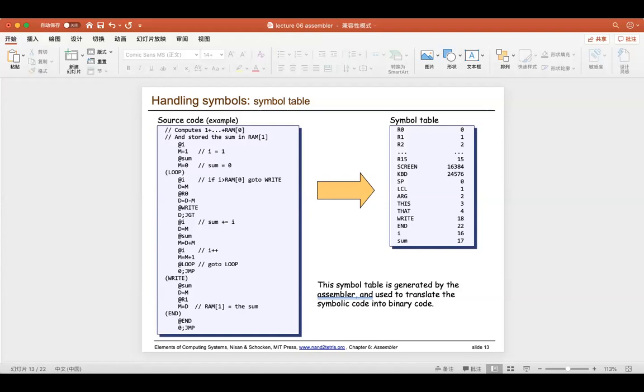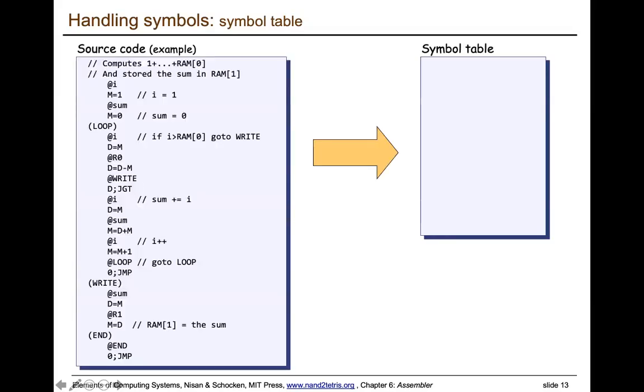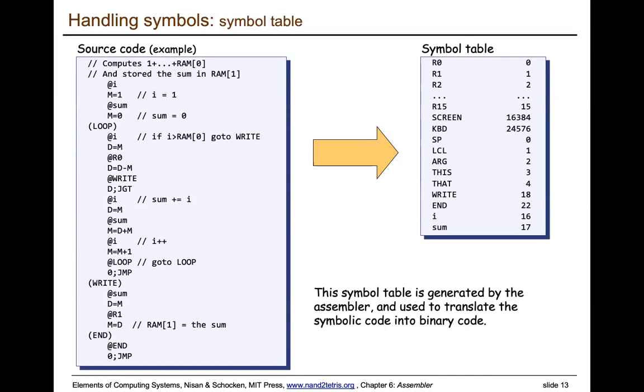The last word for today's class: when you look at this symbol table, all of this is done automatically by the assembler, and it is used to translate the symbolic code into binary code once you have the symbol table.